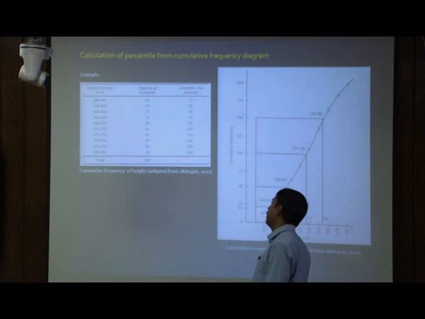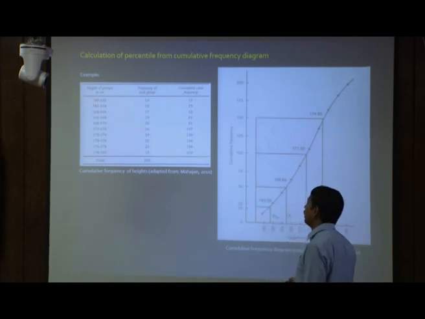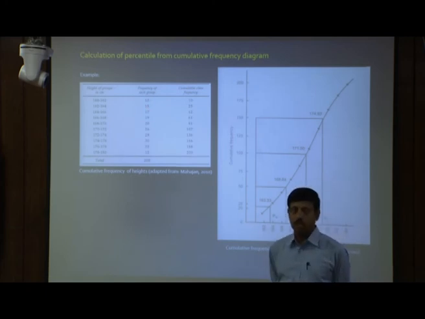Now we have divided it into small intervals: 160 to 162 centimeter, 162 to 164 centimeter. Within the range 160 to 162 centimeter, how many students are there? Say 10 students. 162 to 164 centimeter, how many students? 15 students. This is called the frequency, or number of individuals in that particular group.